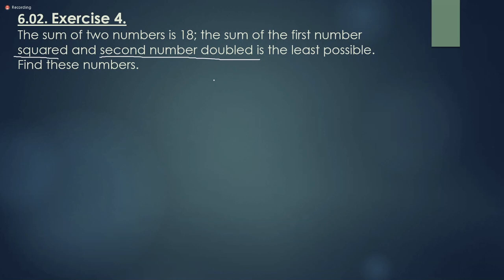So if I say that one of these numbers is x, then the other number is evidently 18 minus x. Now, the sum of the first number squared plus second number doubled, like this, is the least possible. So we need to minimize this.